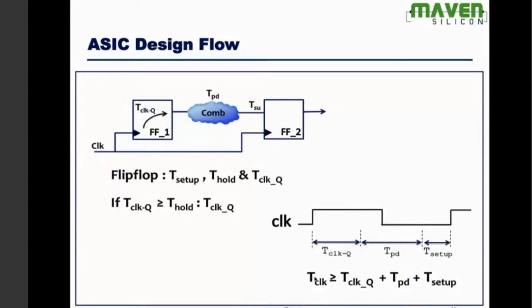This is how we calculate the clock period. Once you know the clock period, then you can calculate the clock frequency. Clock frequency is nothing but 1 by clock period. We will discuss the setup time and hold time. So basically, we follow setup time and hold time for the flip-flop. And for combinational logic, we have to calculate the propagation delay.